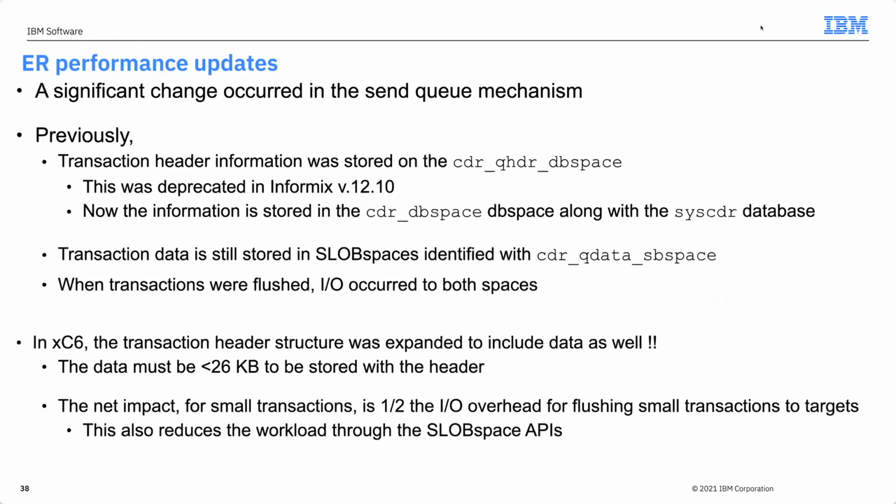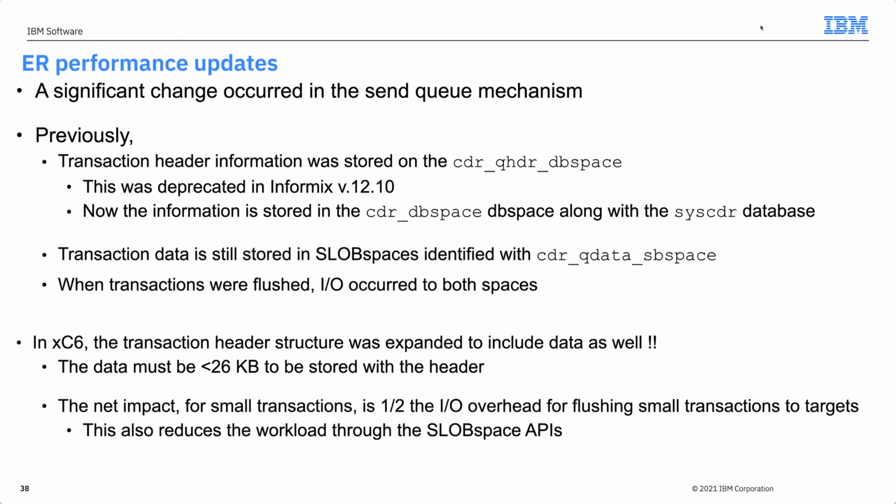There was a change in the send queue mechanism. In earlier versions of Informix, the ER transaction header was written into the queue header DB space, but that was deprecated in 12. So what we did in 14 is take that information and put it in the CDR DB space along with the syscdr database itself. And all of the transaction data itself is stored in that queue data smart blob space. So whenever ER needed to send data, we'd have to do an IO from each one of those DB spaces to build the packet and send it out.